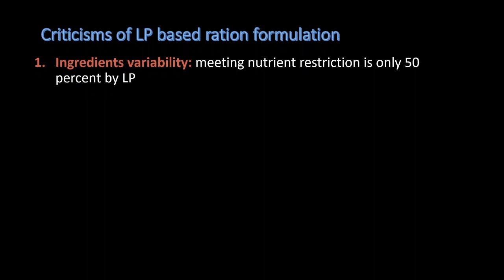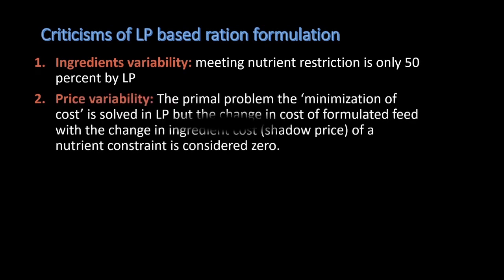As I have discussed in the previous slide, there is a probability of only 50% of meeting the nutrient requirement due to the 50% confidence interval. The second one is price variability.